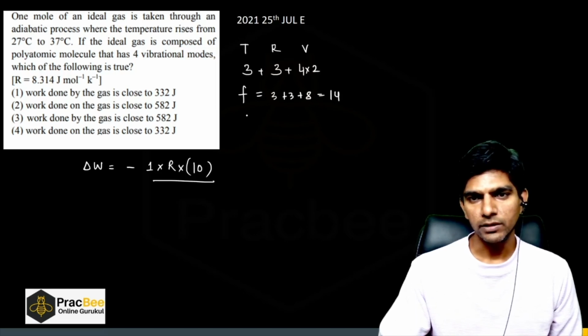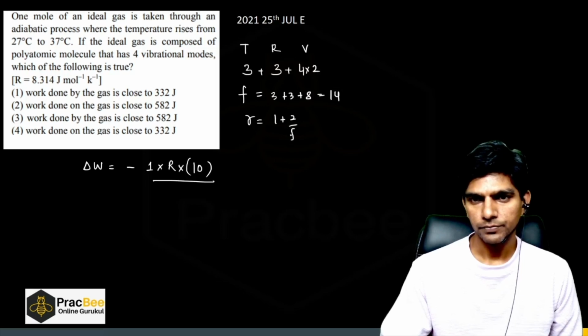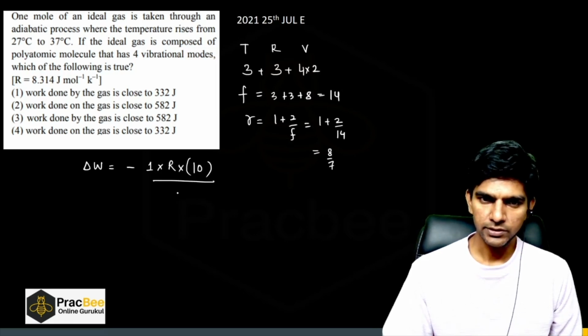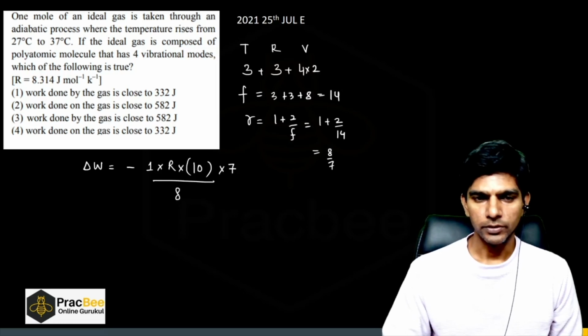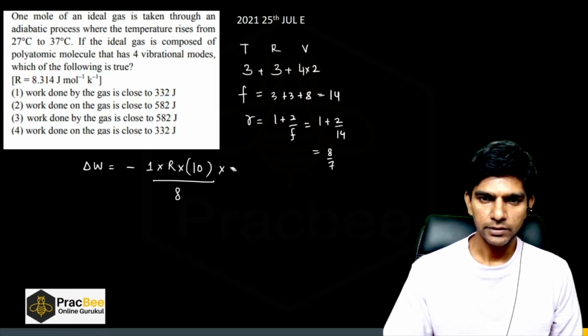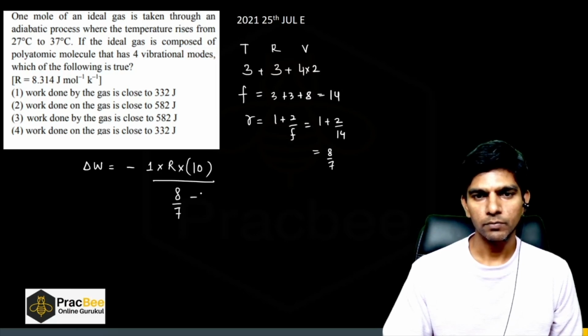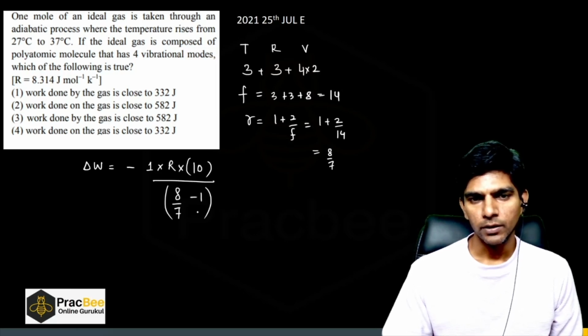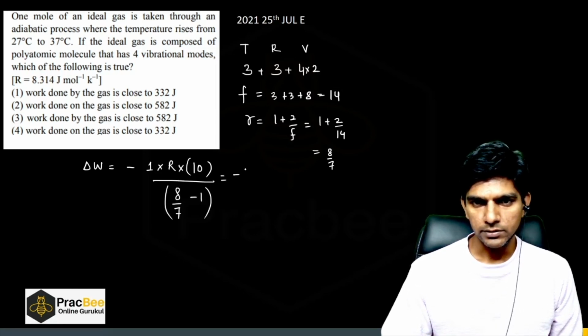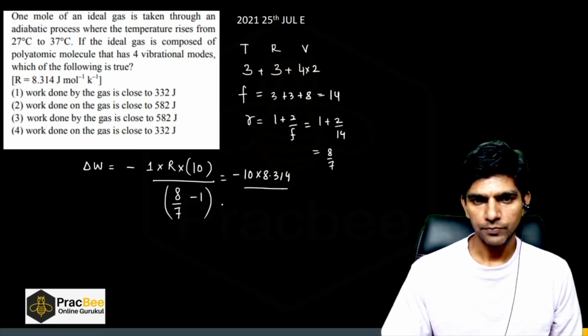If F is 14, gamma will be 1 plus 2 by F, so it is 1 plus 2 by 14, which is nothing but 8 by 7. So gamma is 8 by 7, and gamma minus 1 is 8 by 7 minus 1. Basically this is the formula. So this can be written as minus 10 times 8.314 divided by 1 by 7.